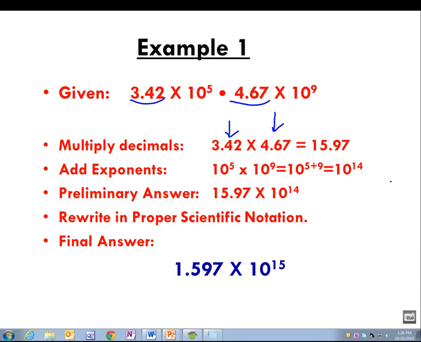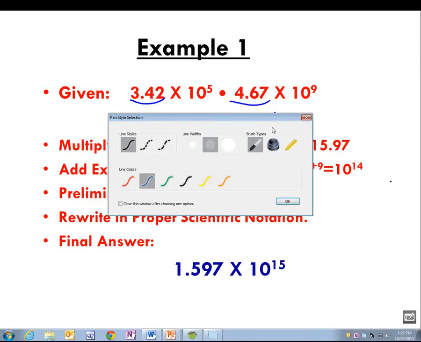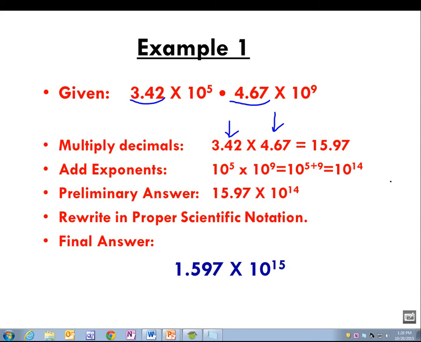The next part we would do is we would add the exponents. And 5 plus 9 is 14.